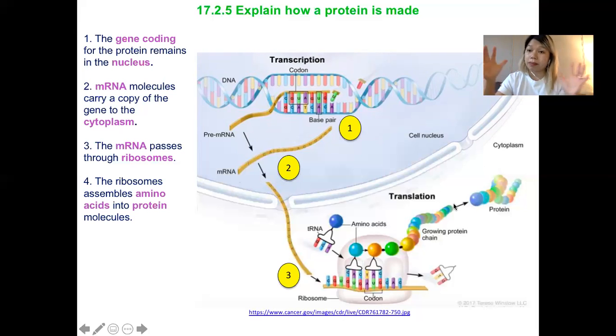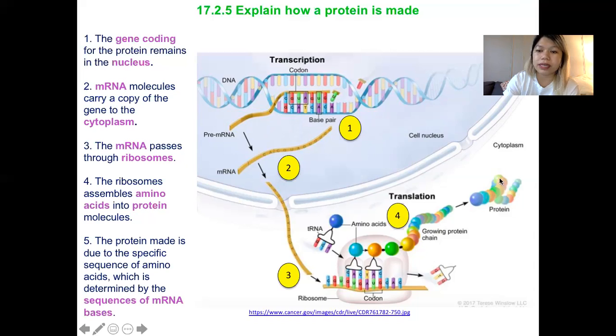Well, first, remember, it makes a polypeptide, and then depending on the properties of those amino acids, they will bond together to make that protein. Okay, so are we good so far? Hopefully that makes sense. Okay, so that's number 4.